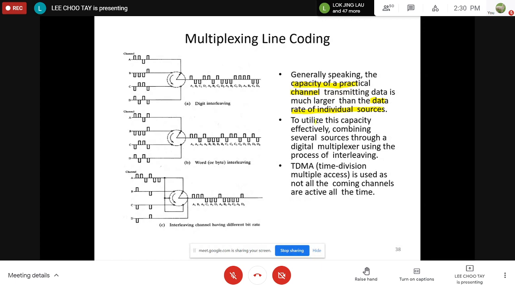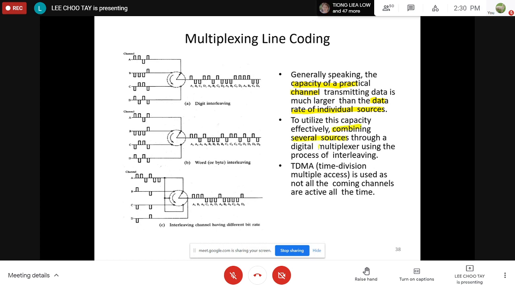So the channel can transmit data at a much higher rate than the rate at which data is being created at the source. To maximize the capacity of the channel, we can combine several sources.